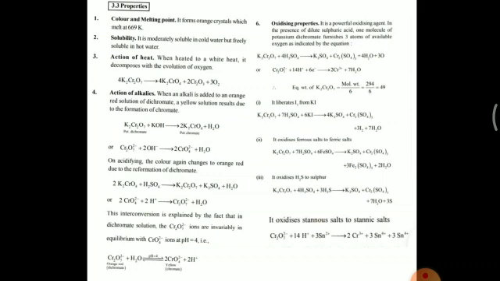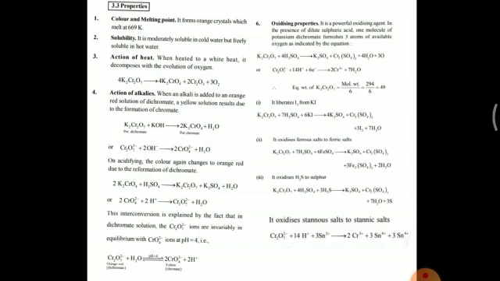So from this equation it is clear that dichromate ion and chromate ion exist in equilibrium with each other at pH 4. They are interconvertible by changing the pH of the solution.